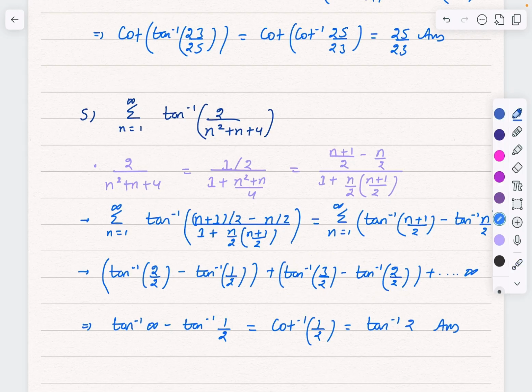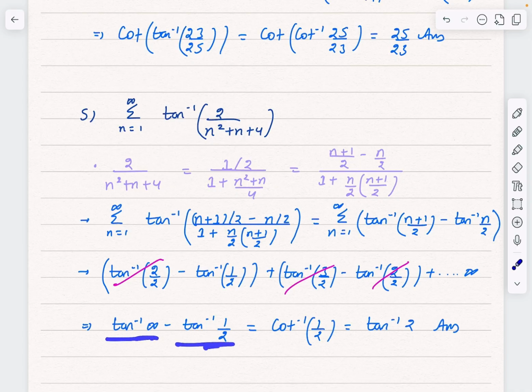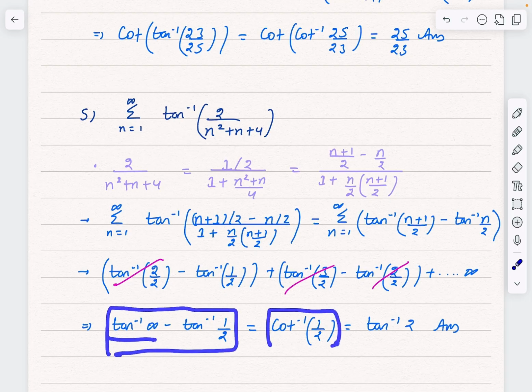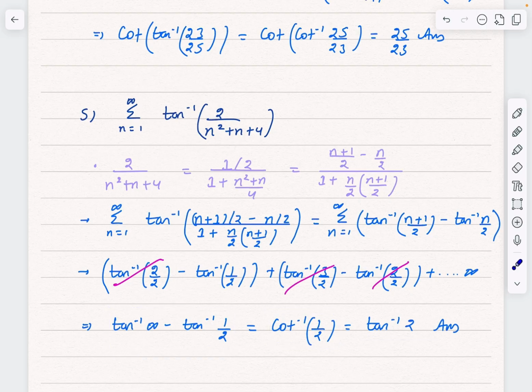You will see all the middle terms will get cancelled out. Remaining will be first and last. So last will be tan inverse infinity minus tan inverse half. So tan inverse infinity is pi by 2. So pi by 2 minus tan inverse of half will become cot inverse 1 by 2, which will be tan inverse 2. So final answer will just be tan inverse 2.